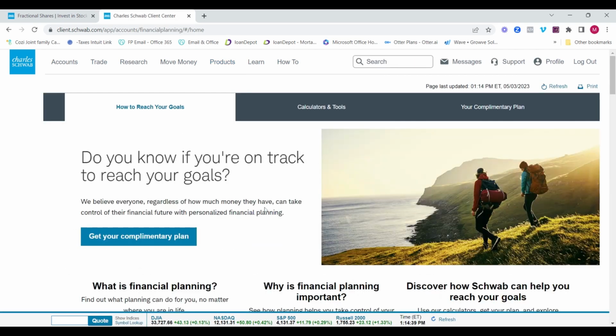Now, financial planning. So with the financial planning, you may already get this with an advisor here at Schwab. So it really depends on what you select as far as your advisory option. But if you're just looking for the financial planning aspect itself and not the advising, you can do that here.